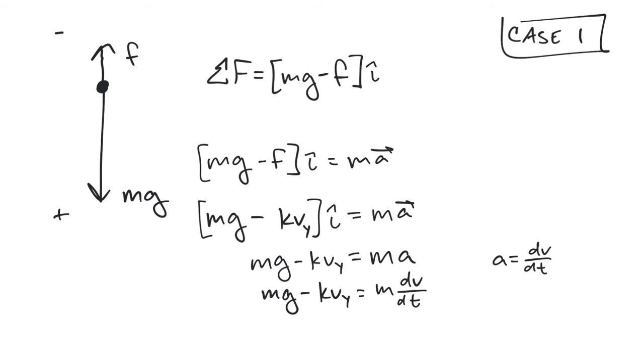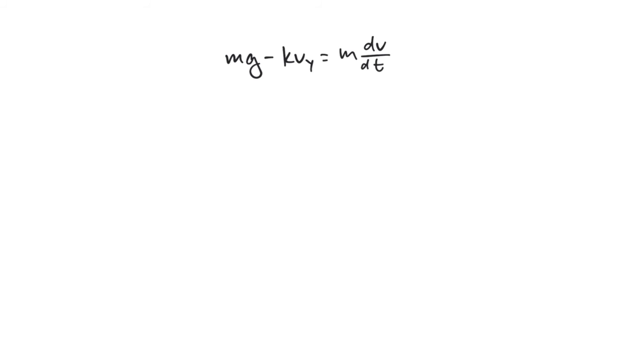In order to manipulate that equation, I'm going to take it to a new slide. Our goal here is to find the terminal velocity, and we're also going to need to figure out what motion is happening. But in order to find the terminal velocity, we have to impose a condition. The condition is that at the terminal velocity, the acceleration is 0, because the velocity is not changing anymore.